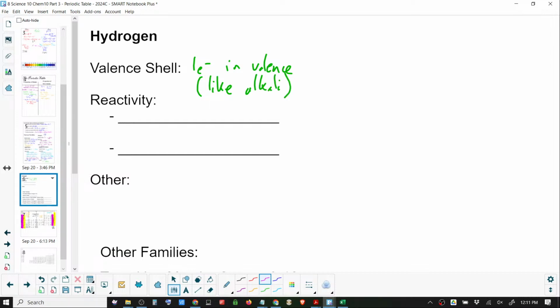How many electrons does it take to fill its shell? One. So it doesn't really belong in either one of those.